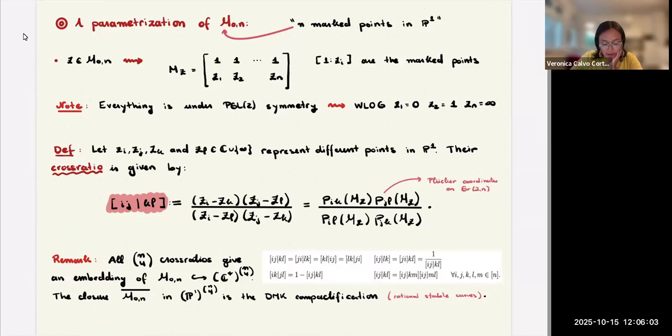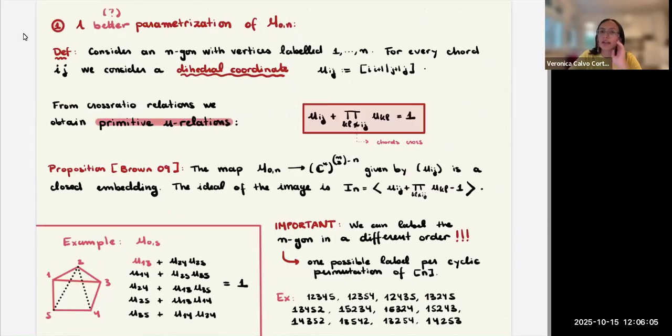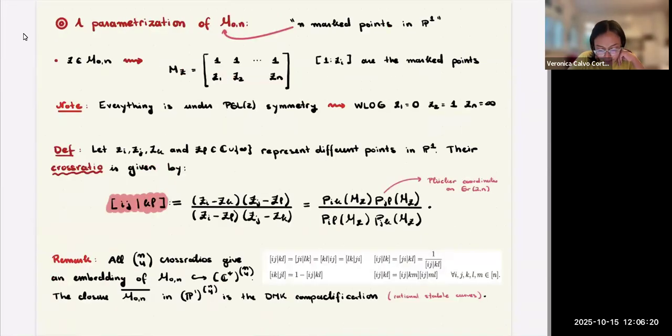But now I want to tell you that in the setting that we were considering, we actually want to work with a different parametrization. So maybe let me go back for a second. One observation is that the dimension of M_0,n as a variety is n minus 3.